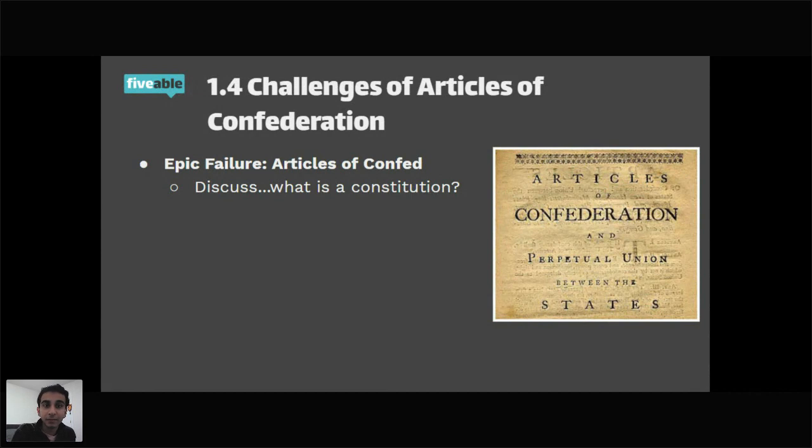But in terms of what a constitution is, it provides a basis for law, right? The Articles of Confederation were the first constitution, right? It's a law of the United States, but in terms of being very general about what a constitution is, yes, yes, yes. Great job. A set of articles and outlines as to the powers and responsibilities for government along with the rights of the people. Right.